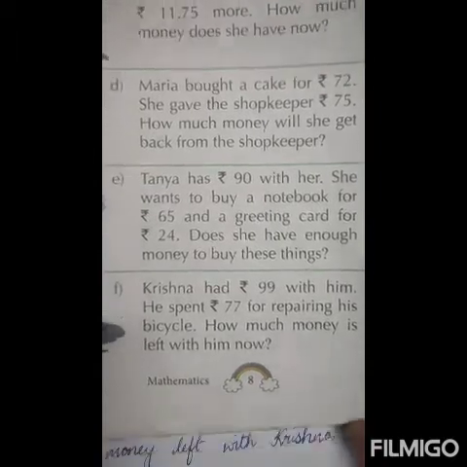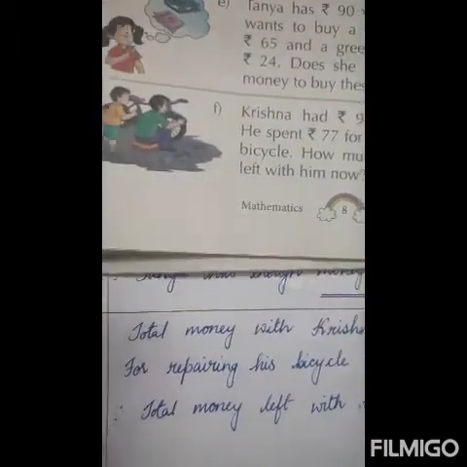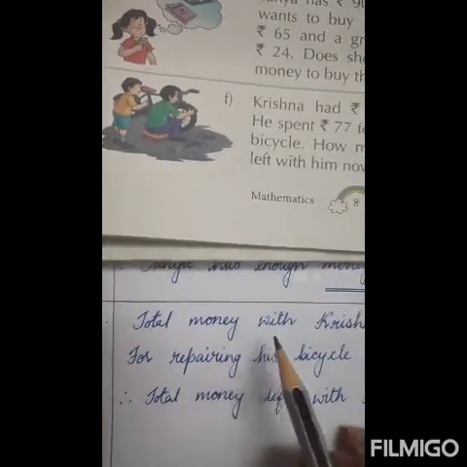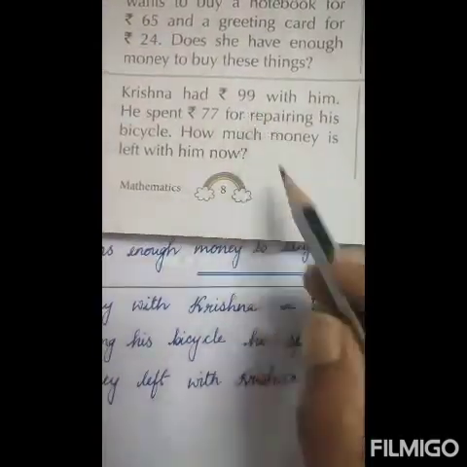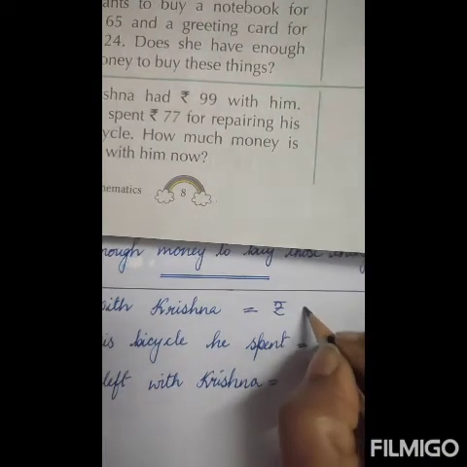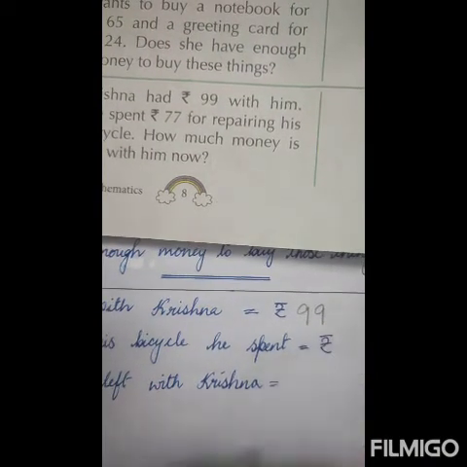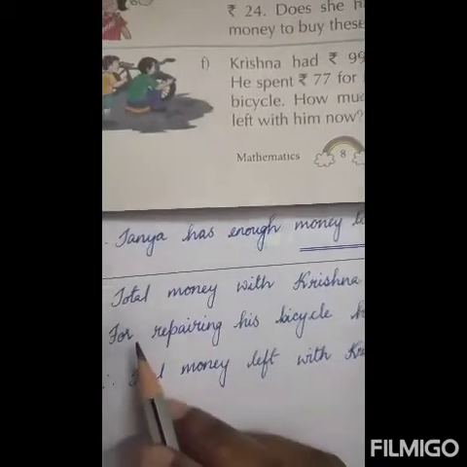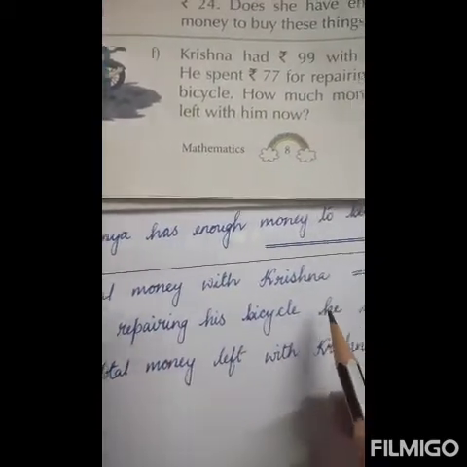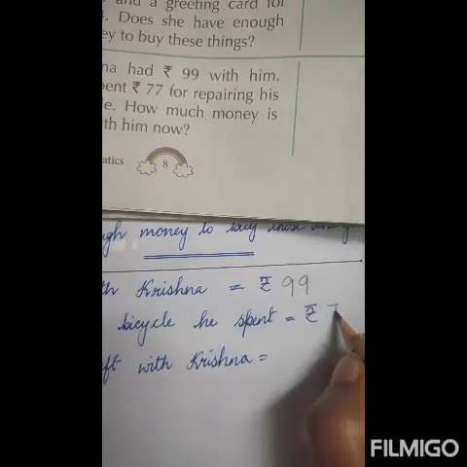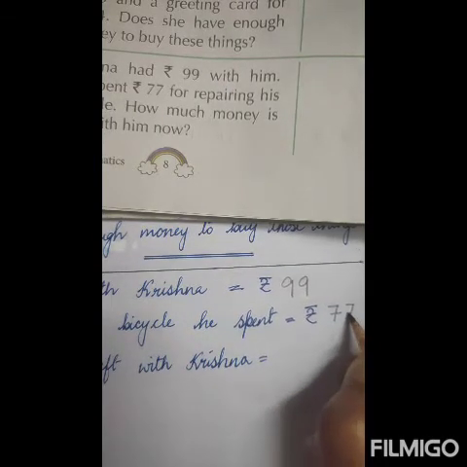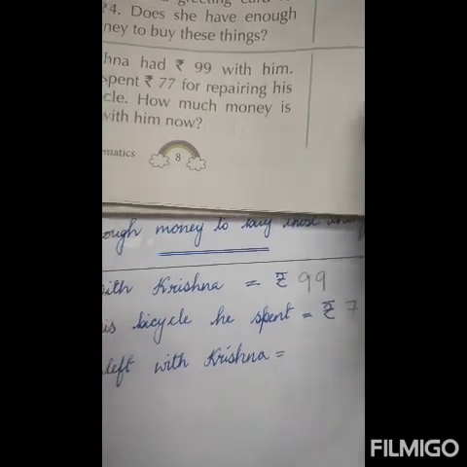So now let us start. You have to write like this. Total money with Krishna is equal to rupees 99. So for repairing his bicycle, he spent rupees 77.